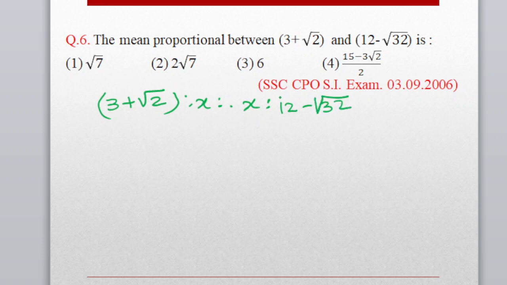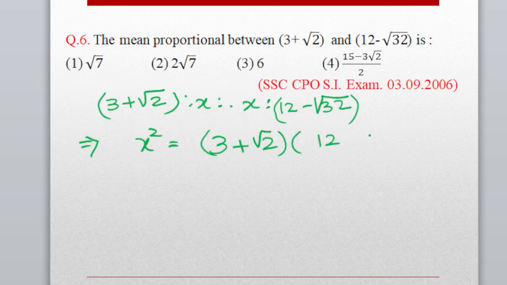As we know that product of extreme terms is equal to product of mean terms, this can be written as x square is equal to 3 plus root 2 into 12 minus root 32.